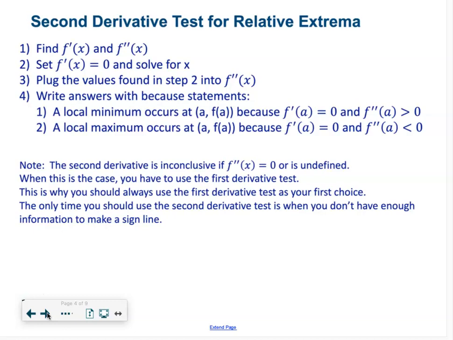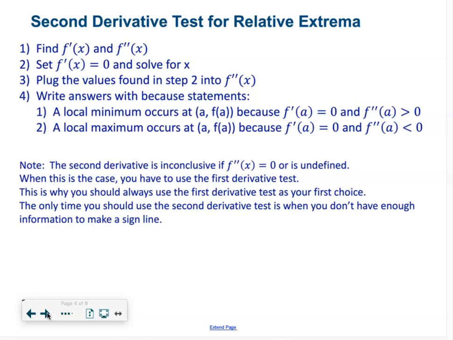All right, so how do we do it? Well, we find our first and second derivatives. We find the values where the first derivative is 0, which means you have a horizontal tangent. You plug those into the second derivative, and if you get a negative, you've got a relative max.